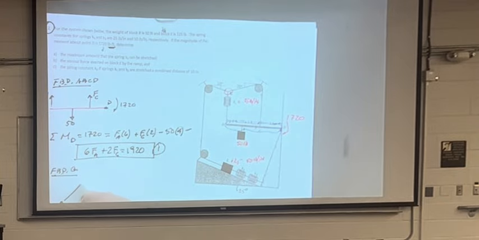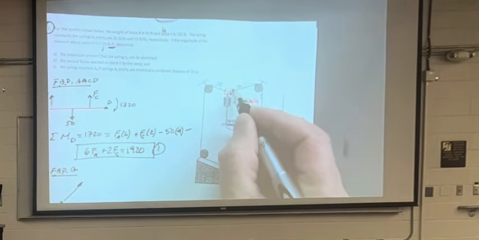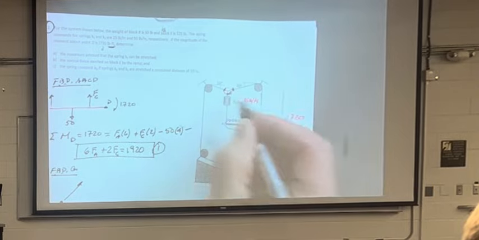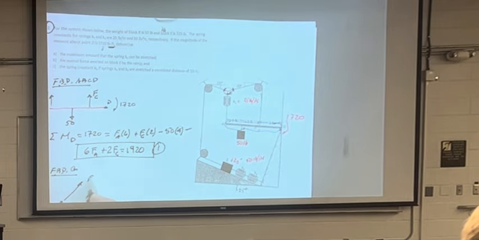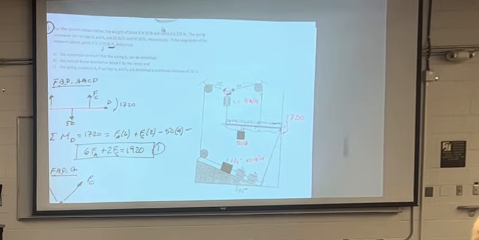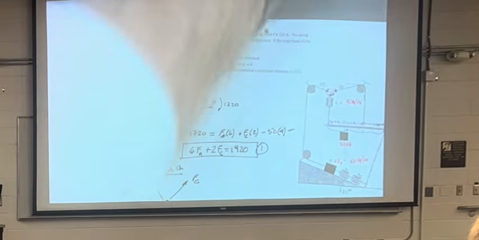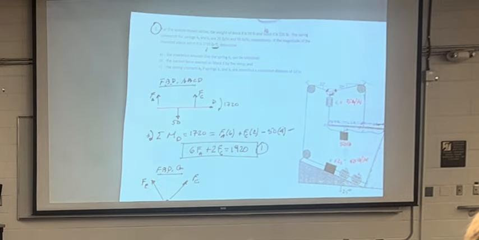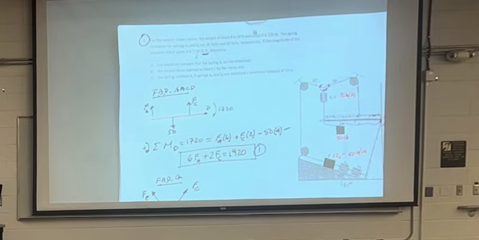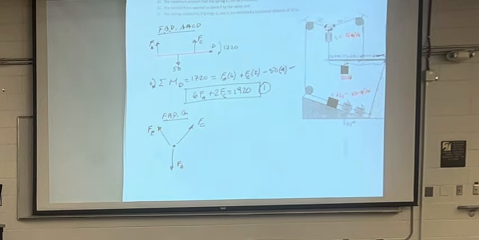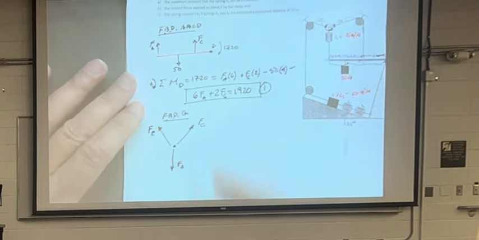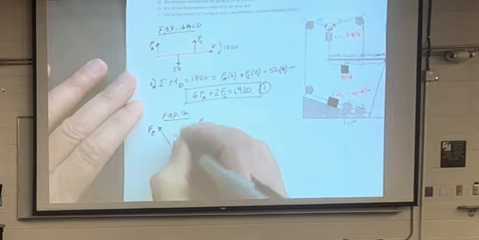So here comes G. I cut through this cable, I cut through that cable, and I cut through there. So I'm going to show an FC, an FE, and an FA. And I'm going to put in my coordinate system.